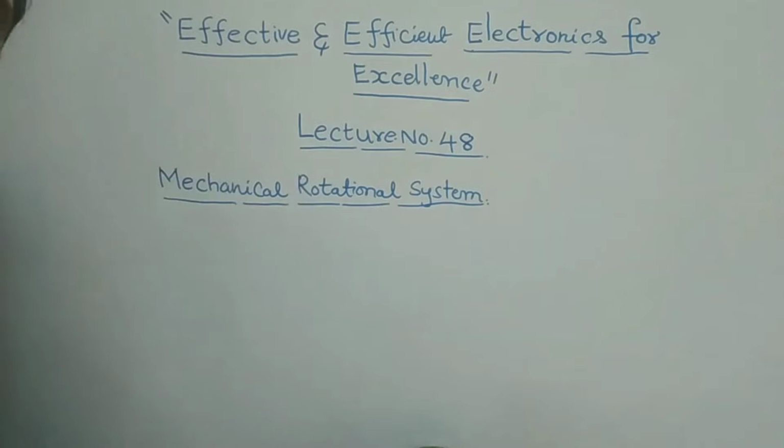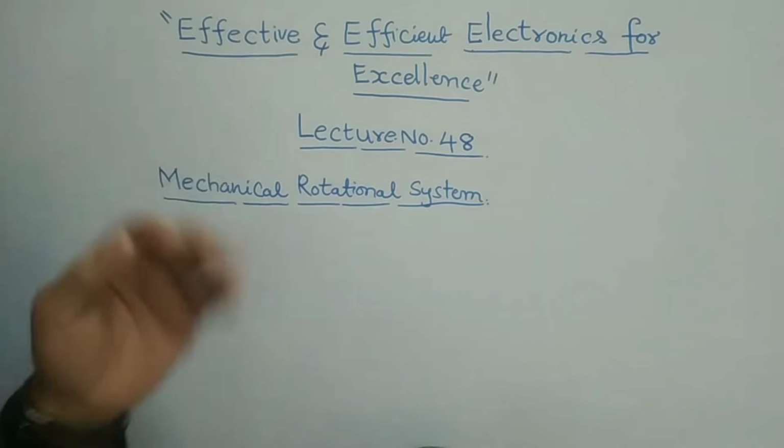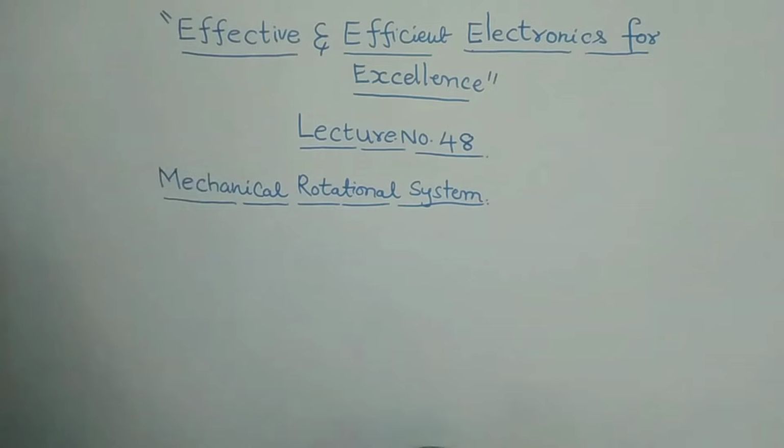In previous presentations we have seen the mechanical translational system. Translational means it can shift from one place to another place. The mechanical system has many mechanical elements like the mass element, the frictional element, the spring constant and the damper element. All these elements we have seen in mechanical translational.